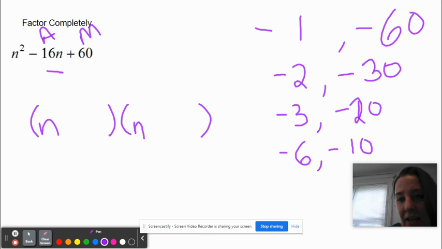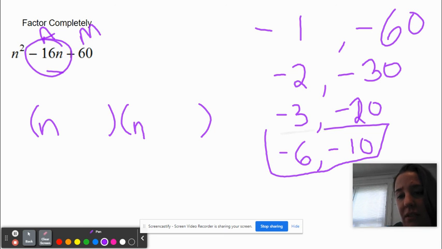What we can see is which set of these numbers adds to be -16. And you're going to take a look here and say, oh, this -6 plus -10 is -16. Therefore, that is how you would factor those.